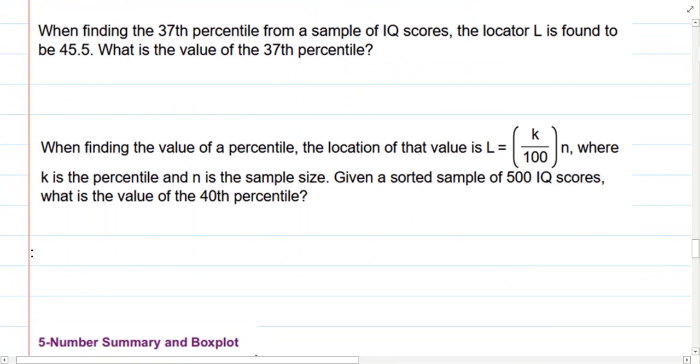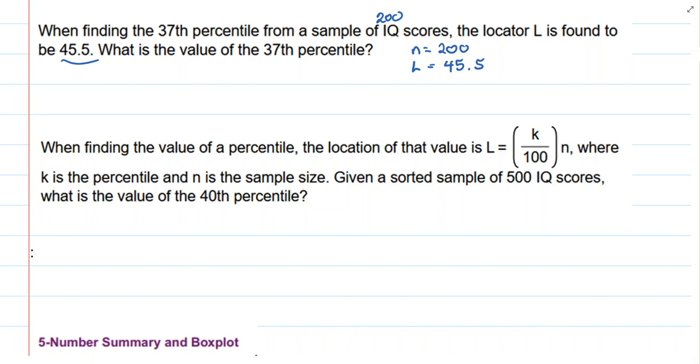All right. When finding the 37th percentile from a sample of 200 IQs, the locator L is found to be 45 and a half. All right, so here we have something different. 45 and a half is the locator. So it's between two values in this case. Okay, so how are we going to do this one?